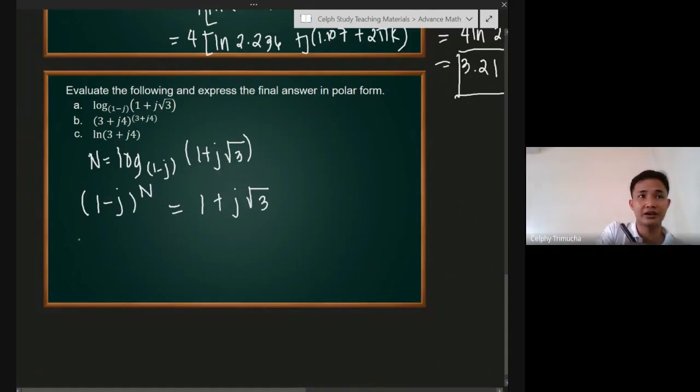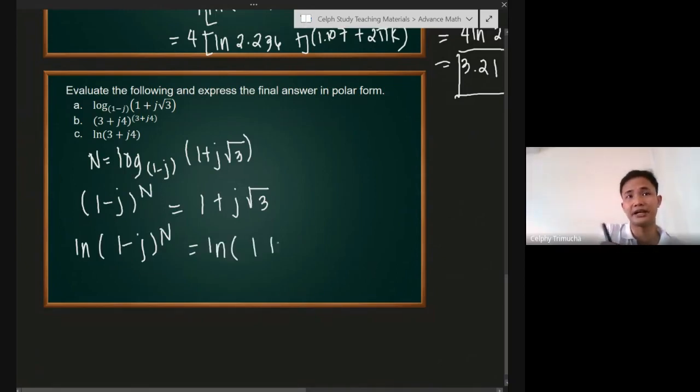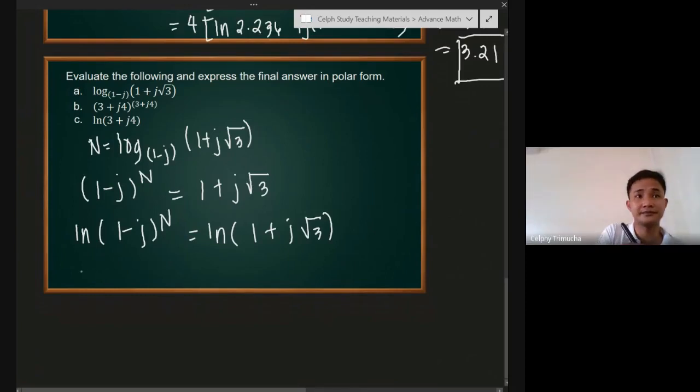We have ln of (1 minus j) raised to n, equal to ln of 1 plus j square root of 3 on the other side. Based on the rule of logarithms, we can bring down the exponent, so we will have n ln of 1 minus j equal to ln of 1 plus j square root of 3.